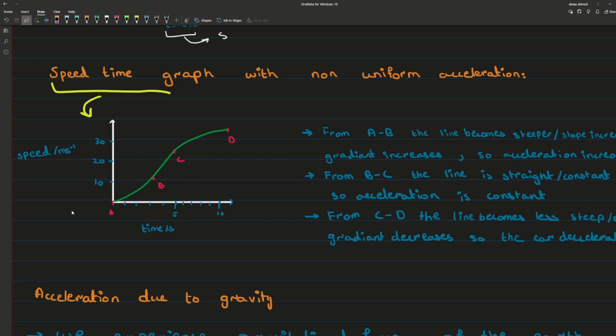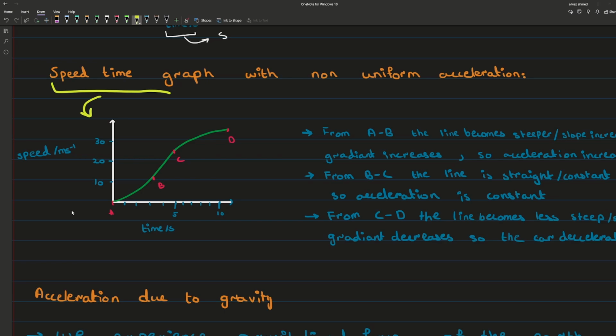The same goes for speed time graph. So if you see that the steepness of a speed time graph is increasing, that is because the acceleration of that object is increasing. So for distance time graph, the increase in steepness is because the velocity is increasing, and in speed time graph, the increase in steepness of the graph is because acceleration is increasing.